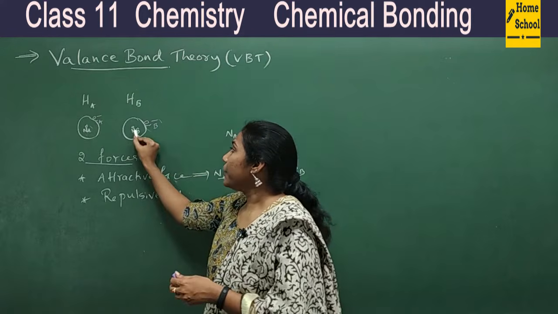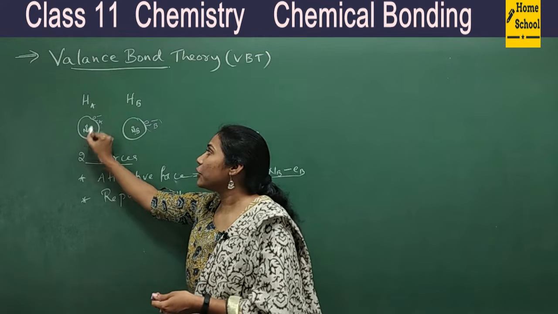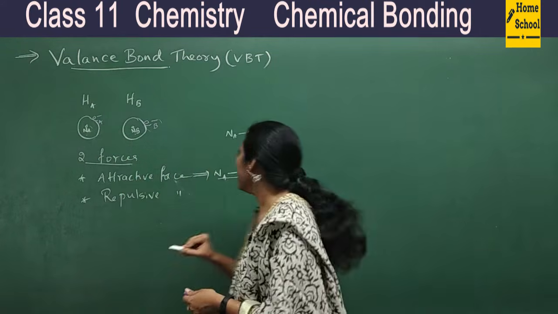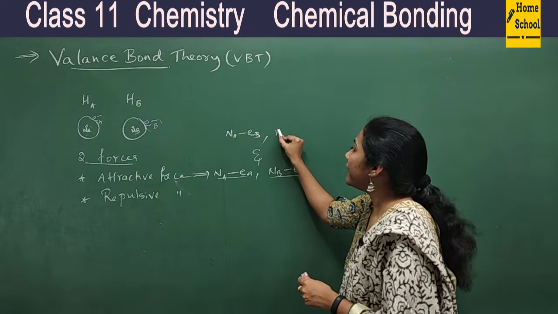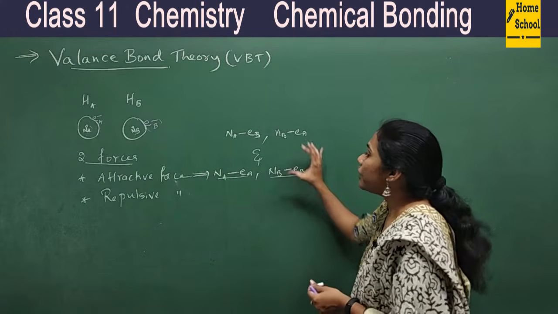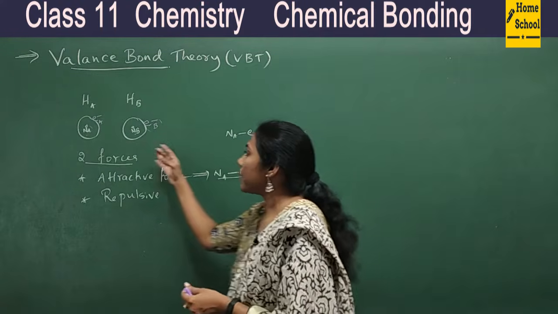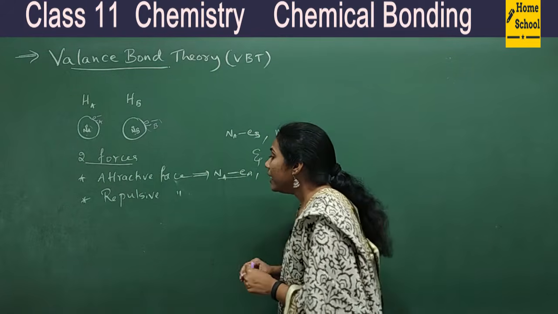And similarly, the nucleus of the second one is in attraction with the electron of the first, right? So what is that? NA-EB attraction you will find, and NB-EA attraction also you will observe. So these are the 2 attractive forces you observe when atoms come closer to each other.